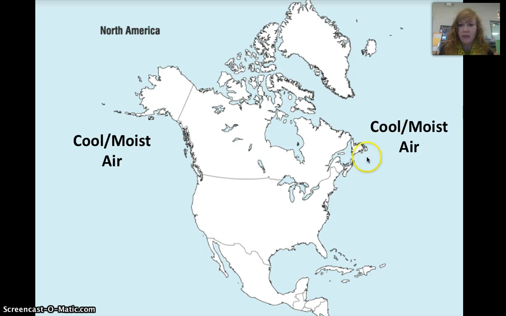Same thing over here. These are your higher latitudes, far from the equator. And so it's going to be cold and it's going to be moist because it is over the ocean. So an air mass that forms in this area and this area is going to be a cooler air mass full of water vapor, so cool and moist, and that should make sense why it has those characteristics.